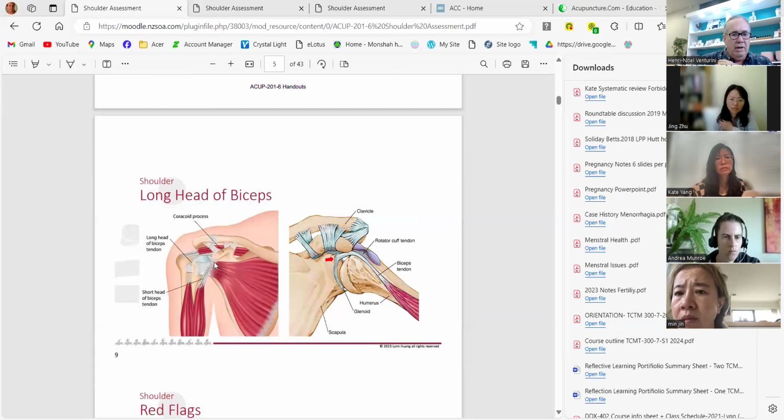And as you can see, this ligament here goes over the ligament that comes from the breast area, the chest area. And that's why when we needle here, lung 1, lung 2, it's so effective for the short head. But also the short head is very difficult to see if it is ruptured or injured, because it sits over the other ligament coming from the major and minor muscles from the chest.